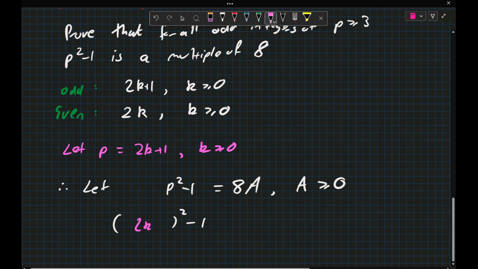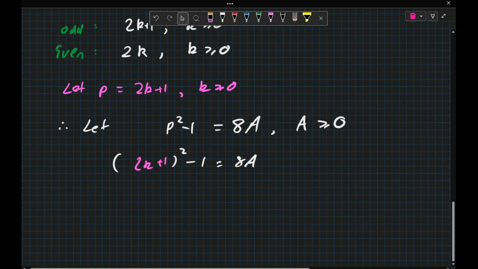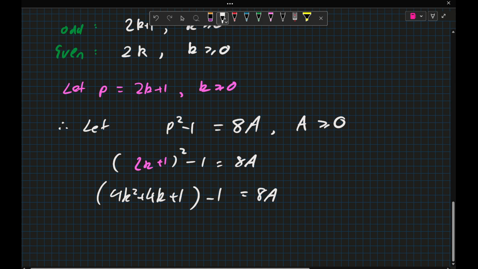So we get (2k plus 1) squared minus 1 is equal to 8a. Expanding this, we get 4k squared plus 4k plus 1 minus 1 is 8 times a. So the plus 1 and minus 1 cancel, and we end up getting 4k squared plus 4k equals 8a.